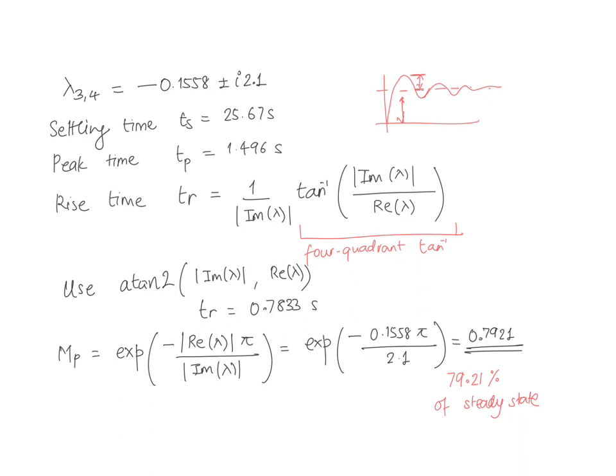So that's a very large overshoot. It almost shoots up to twice its steady state value before settling down. So this is not a very ideal step response. If you had a suspension system that was actually like this, you would have a very uncomfortable ride in the car. Let's put it that way. But anyways, as far as calculating all of the transient response characteristics, that was a straightforward example. There are some more details which I'd like to point out in the next video or so.